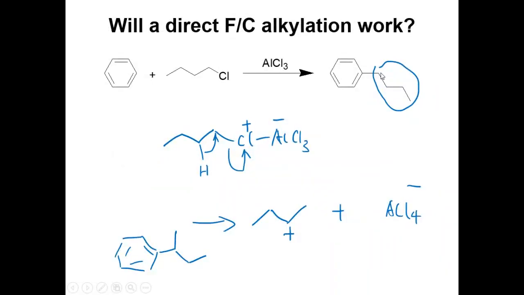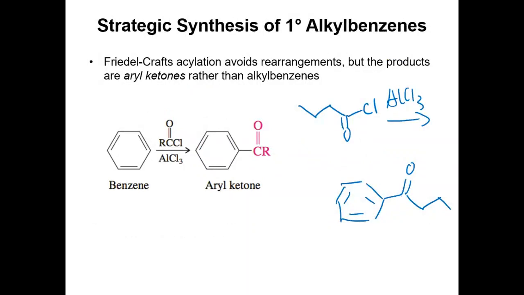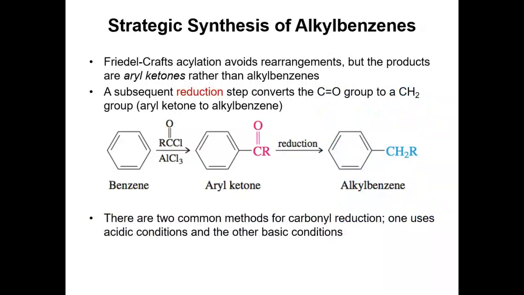this CH2 here, but here I get a carbonyl group there. So I have to do something to convert this carbonyl group into a CH2, so you need a reduction reaction.